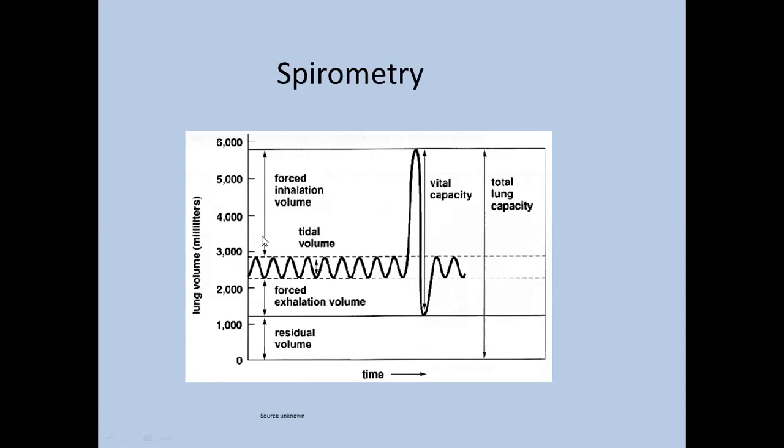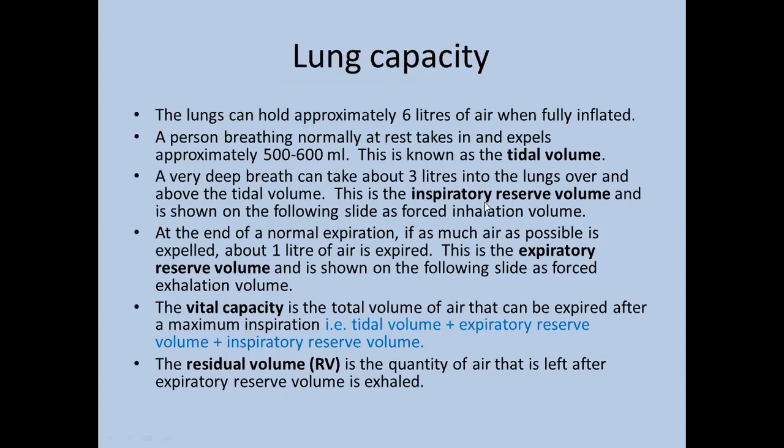So it's only this figure here. You wouldn't include the figure of tidal volume. And exactly the same with the forced exhalation. It would be from there down to there. It wouldn't include the figure for normal tidal volume. So that would be the inspiratory reserve volume and the expiratory reserve volume.